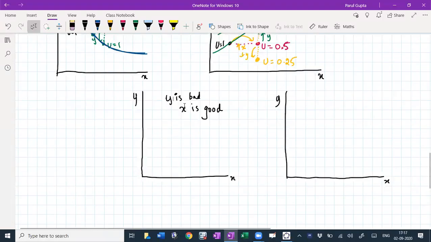So now we are saying y is a bad, x is good.